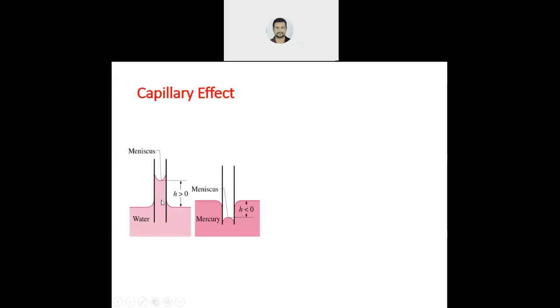The level of water will rise upwards. You can see the level of water in the tube is greater than the level of water in the container. This is due to the capillarity effect. And this curved surface is known as meniscus. This curved surface is called meniscus.